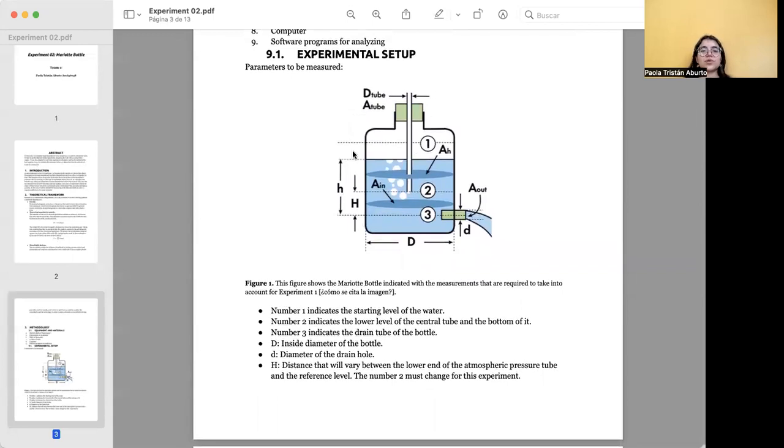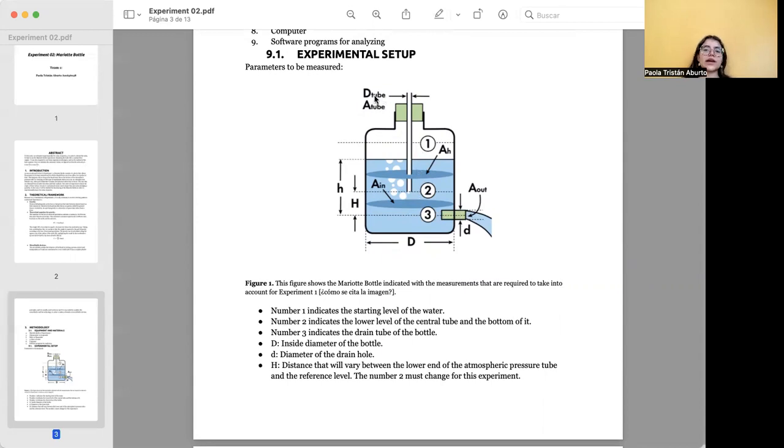The new parameters that we are going to measure are the starting level of water, the lower level of the central tube, and the reference level, which is where the drain tube is.